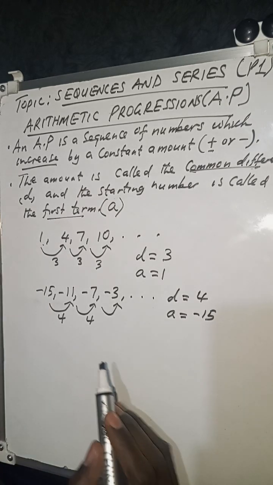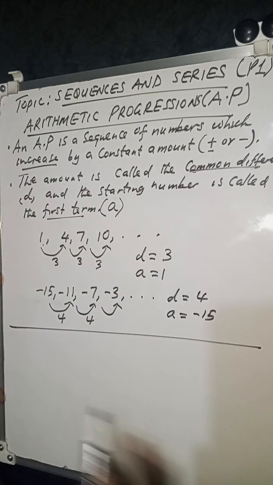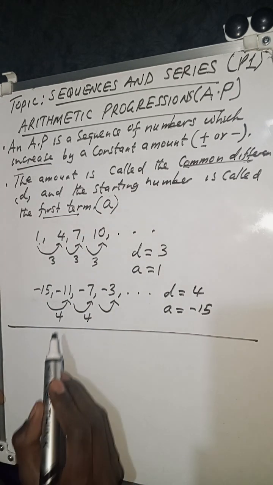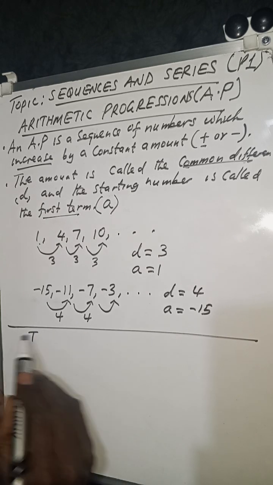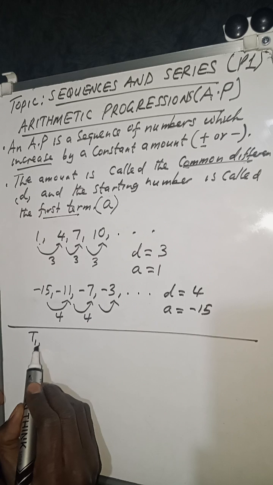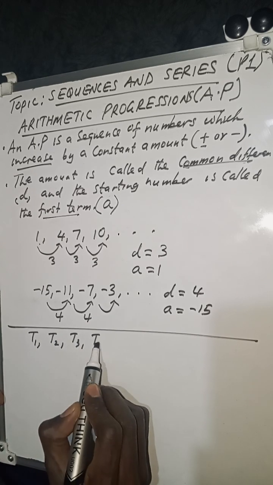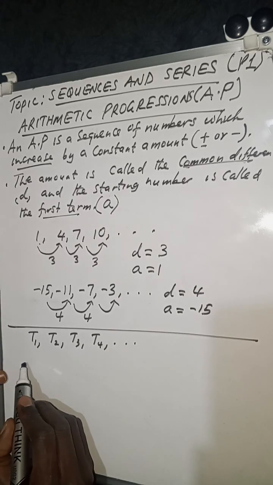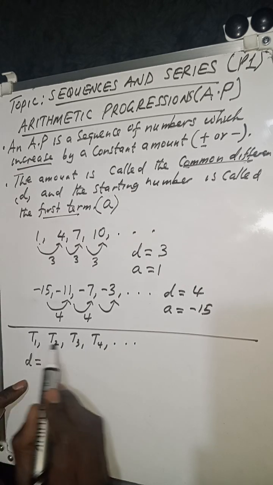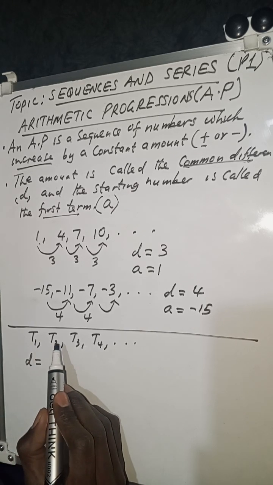Now let's establish a rule that we can use when it comes to solving these ones. We do not want to waste a lot of time. If you have a sequence of numbers, let's say T1, term 1, the second term, the third term, and the fourth term, and so on, and you want to get the common difference, you simply need to find the difference between two consecutive terms.